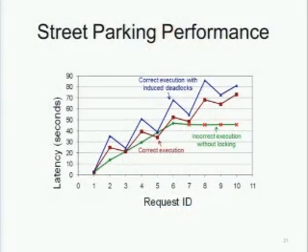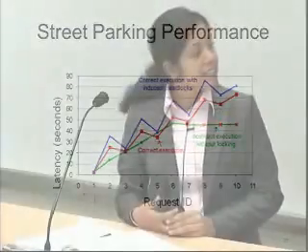So here we've implemented a street parking application over Pleiades. On the x-axis, we have the request ID of the various cars coming in and asking for new parking spots, and on the y-axis we have the latency of satisfying each request. So we implemented a basic version of the street parking application with the Pleiades runtime, which had no locking.